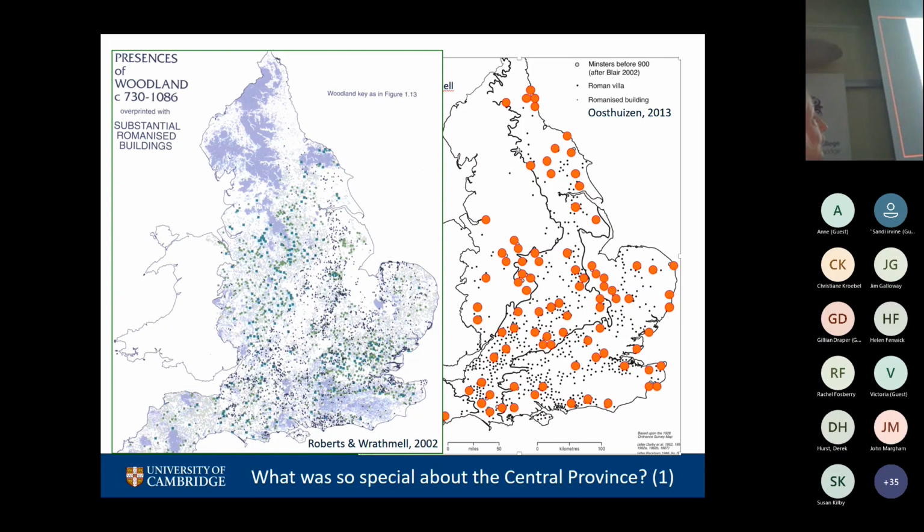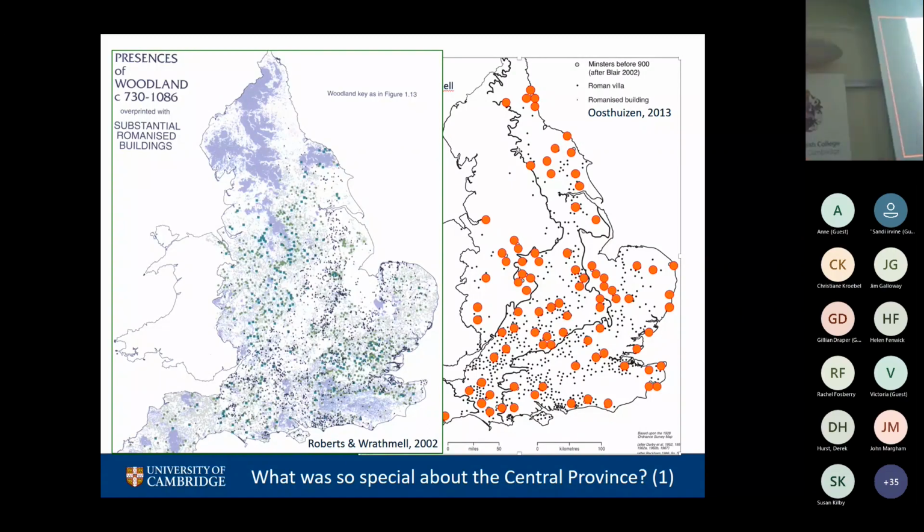And then it also shows, sorry, I should say this is from Stuart and Brian's book, it also shows little black dots, Romanized buildings. And Della and others have suggested that these are places in which there was a long history of servile labor, unfree or semi-free labor.